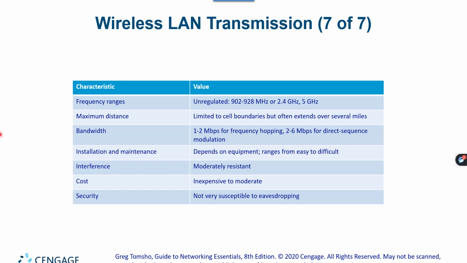It's resistant to interference because, remember, it can work around the channel that has the interference on there. And it's not very susceptible to eavesdropping because we're using encoding, and we're also jumping to different frequencies at different times. So the eavesdropper would have to switch to those frequencies at the same time we were on them to eavesdrop.